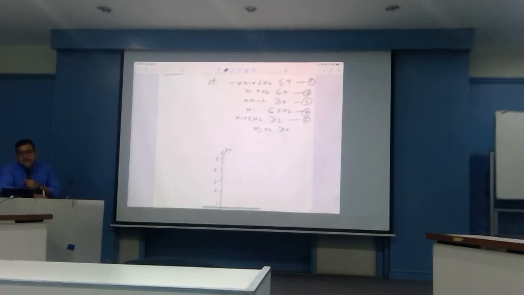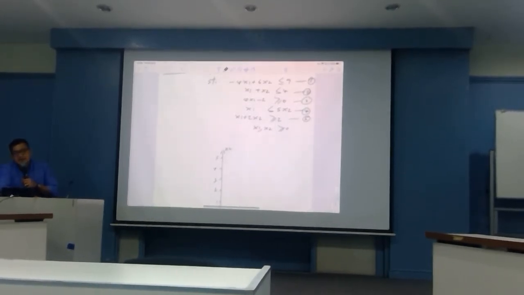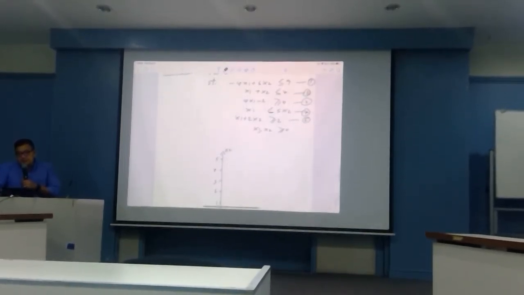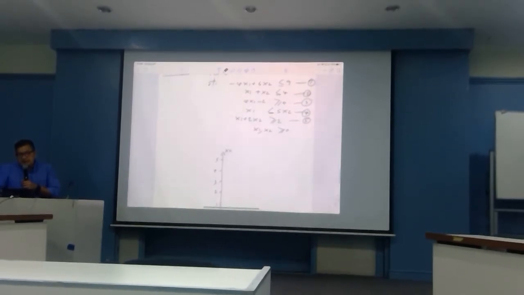Let's do the first constraint: minus 4x1 plus 6x2 less than or equal to 9. We draw the graph of minus 4x1 plus 6x2 equal to 9 first. We substitute x2 to be 0. We have minus 4x1 equal to 9, so x1 cuts at minus 2.25, around this one. For the x2 intercept, we substitute x1 to be 0.